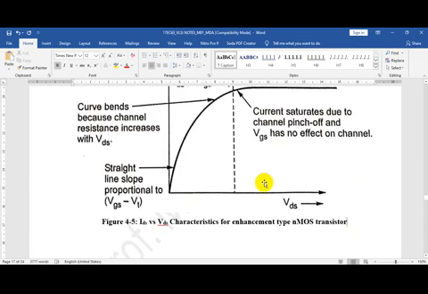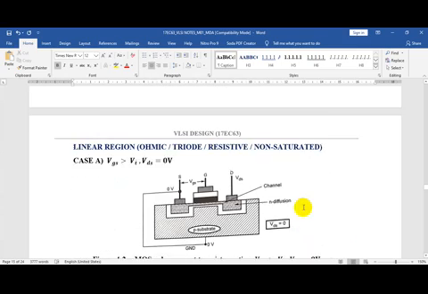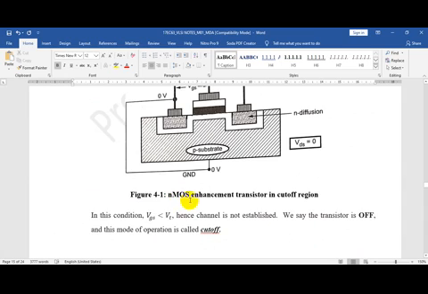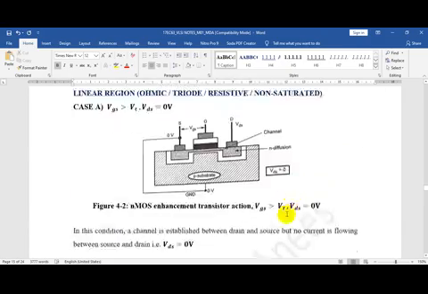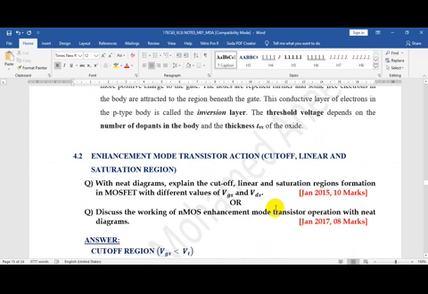So please study this carefully and understand the concept. The same you can apply for the PMOS enhancement transistor. Only thing is, everything will be opposite. So that's about the enhancement mode transistor action.